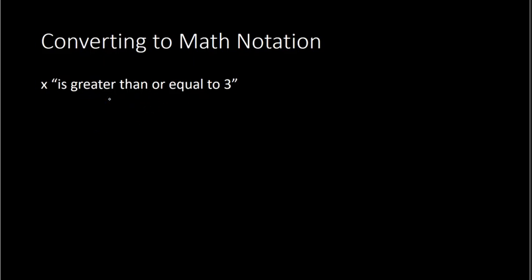This phrase right here, greater than or equal to, in math notation would have a greater than sign combined with an equal sign. So we take half of the equal sign, so we see one line here, and then we put that with the greater than sign. So this says x is greater than or equal to 3. Now what this means is that x is either greater than 3 or x is equal to 3.